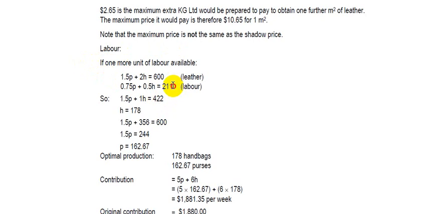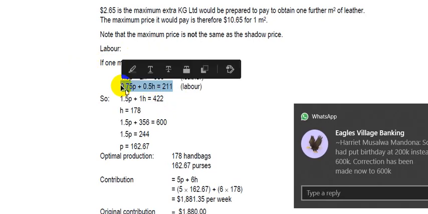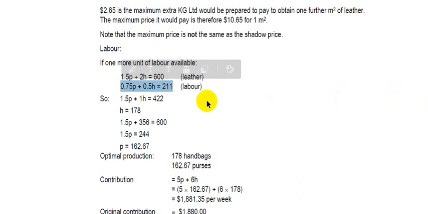Again, you multiply everything by 2 so that you can cancel the P. We've got 1H here, so 2H minus 1H gives us H. 600 minus 422 gives us 178. So our H is 178.